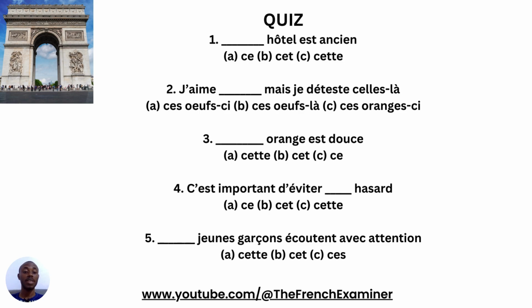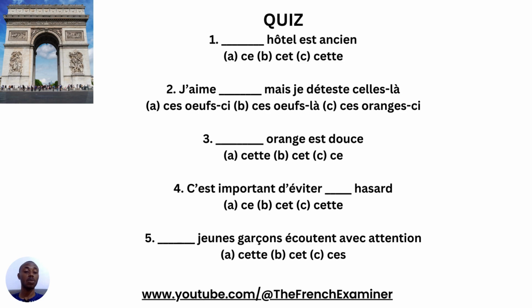Alors, on utilise cet hôtel. Cet hôtel, that's what we use. That's option B, not option C, because option C will be used for feminine nouns. But B is used for masculine nouns that start with a silent H.